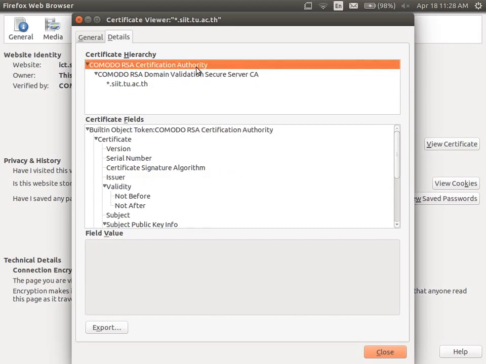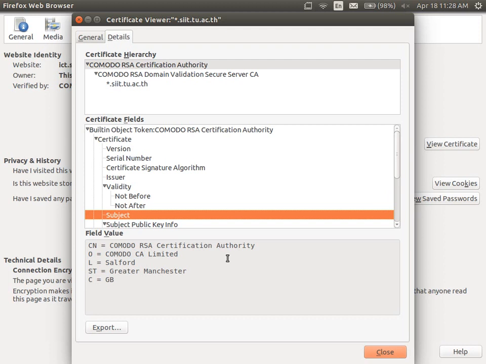Here's the third certificate. It's the certificate of Komodo CA. The subject is Komodo CA. Who is the issuer? Let's write it down and see. I know it's hard to see. Let's write down what we have so far.